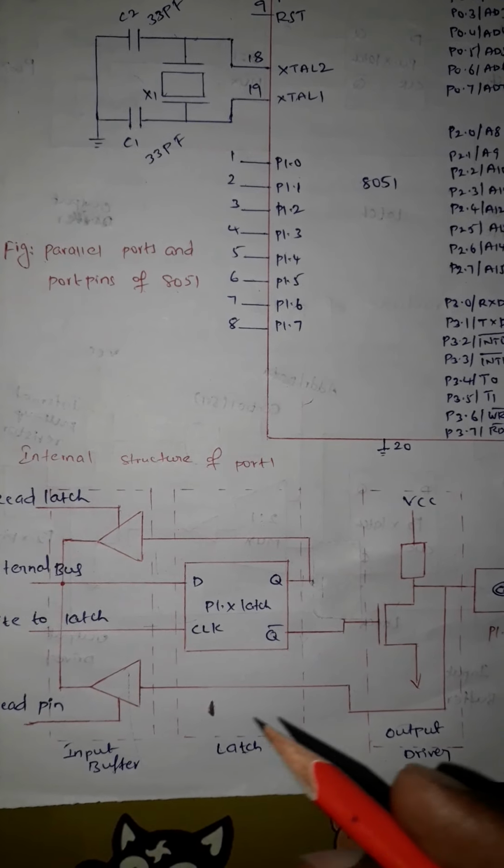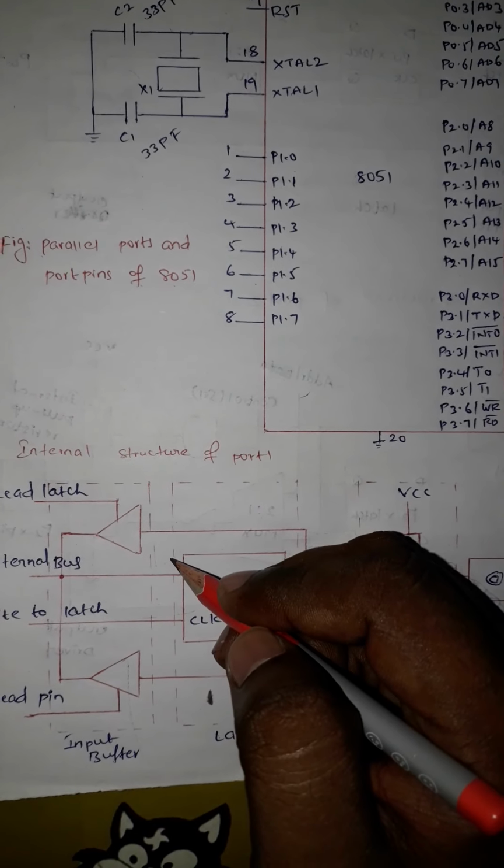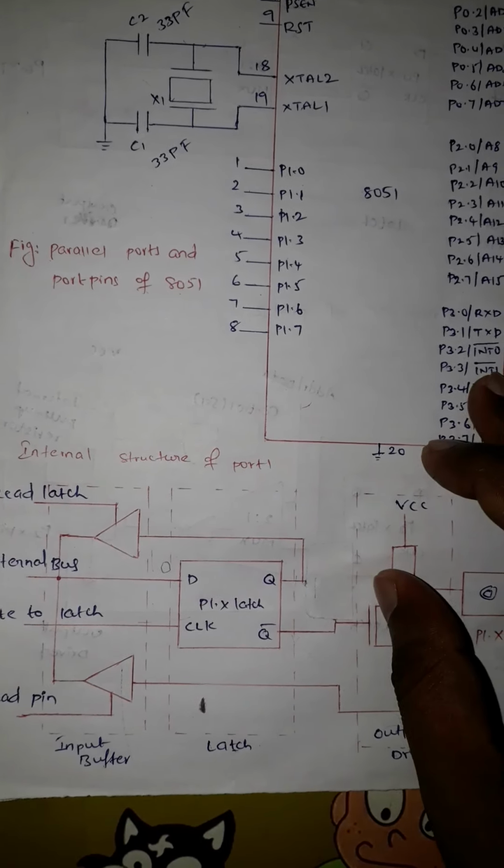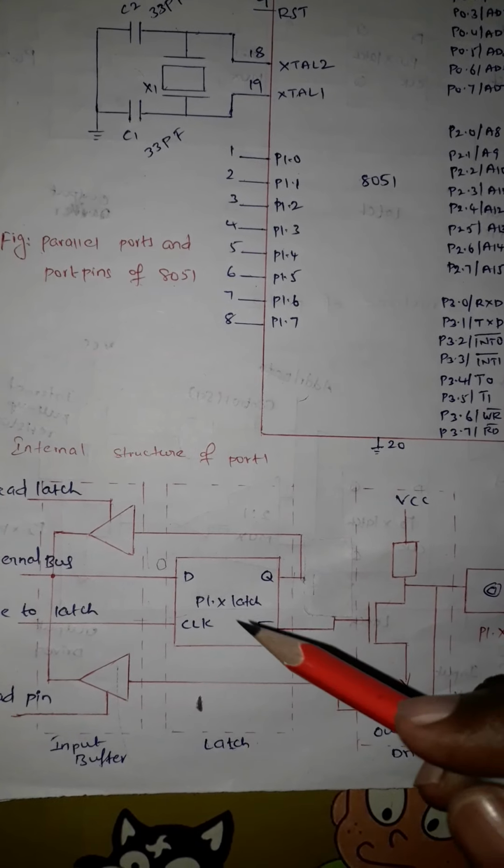Let us see what happens if you apply a value 0 to the D input of the latch.